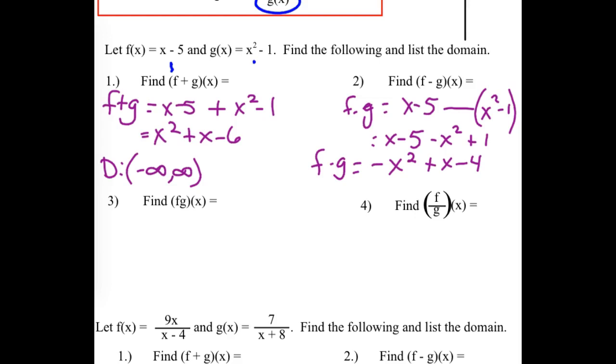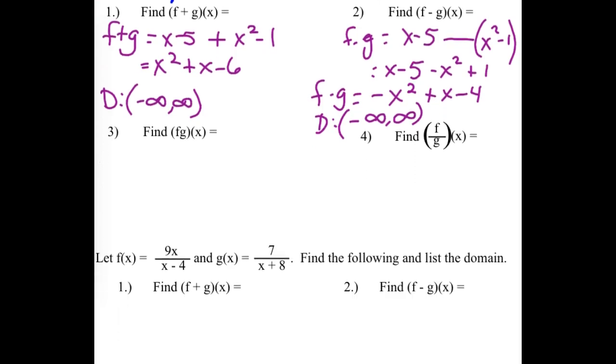Any domain restrictions on that answer? No. So domain is still all reals. Okay. F times g. We're going to take x minus 5 and multiply it to x squared minus 1. Take a second and FOIL that out.